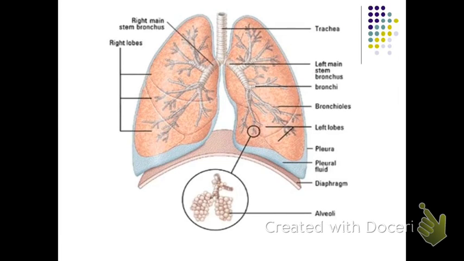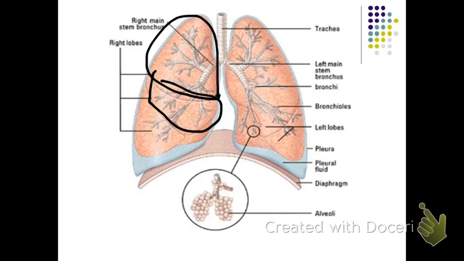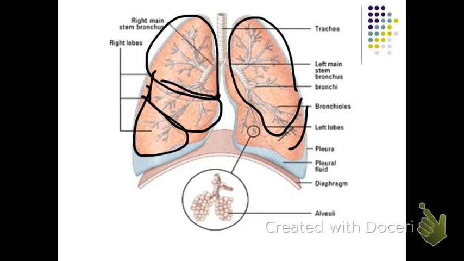So here we are with a diagram of the lungs, and as you can see, in the right lung you have the 3 lobes, and then in the left lung you have the 2 lobes in through here.